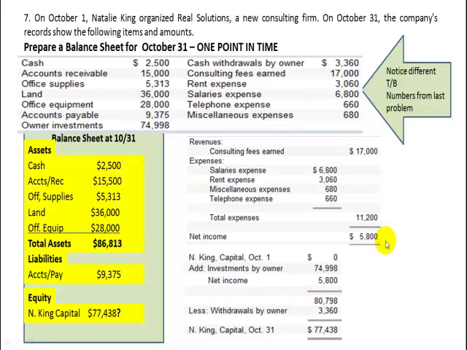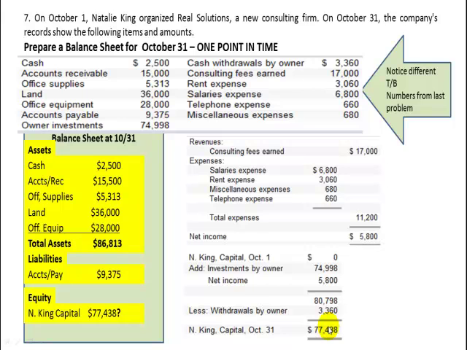Then I could have said, now from that income statement, you've got to also plug into the statement of owner's equity this net income figure, and say that on October the 1st we had zero capital and we had investments of $74,998. The total would be $80,798 minus withdrawals of $3,360 from up here. You come up with the ending capital balance of $77,438.